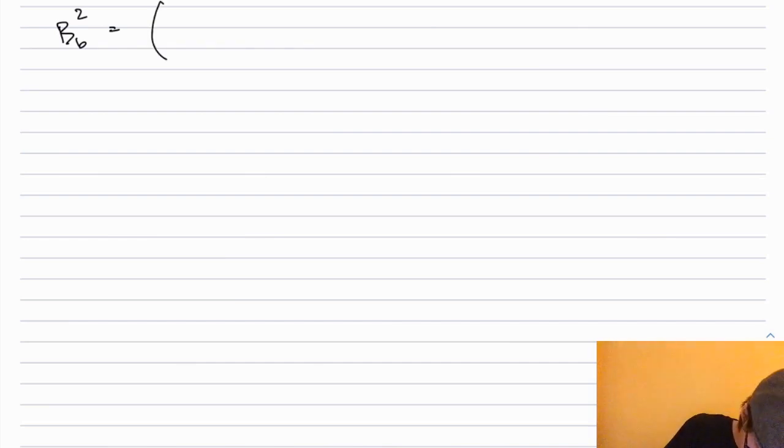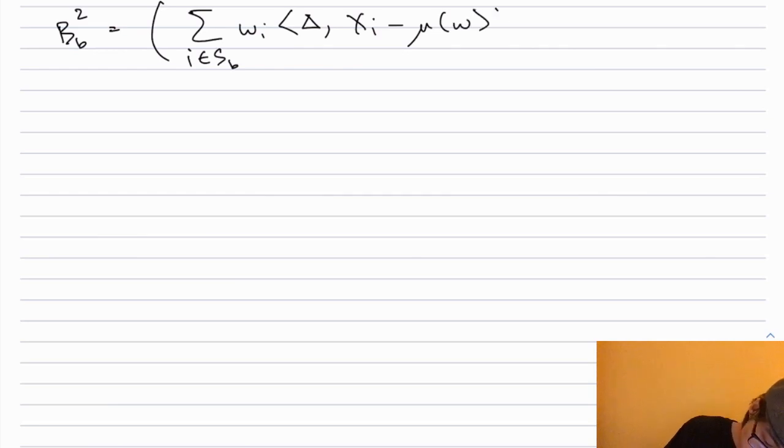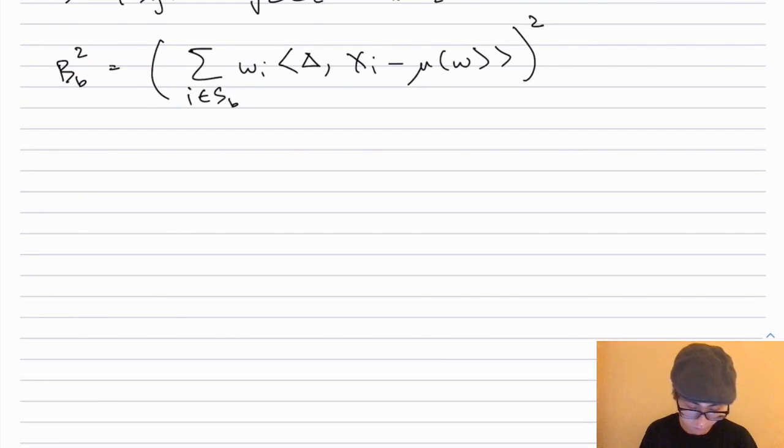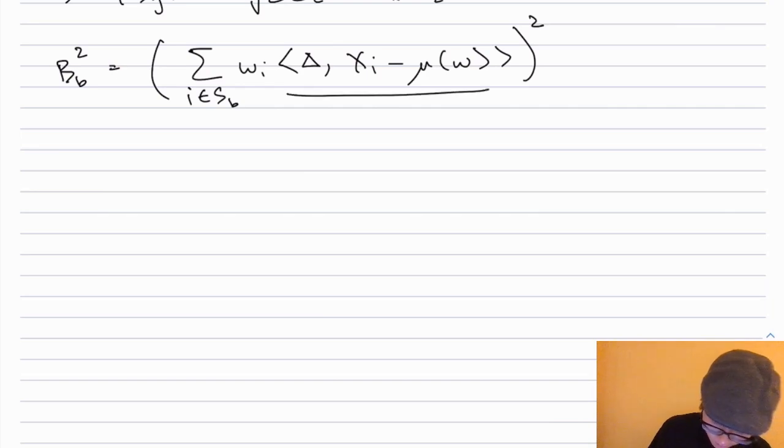So again, we're going to bound B sub bad squared. If you recall, B sub bad squared can be written as the sum over I in S sub bad of Wi times (delta inner product X of I minus mu of W), quantity squared. Again, we're going to apply Holder's inequality, with AI being these and the BI being 1.